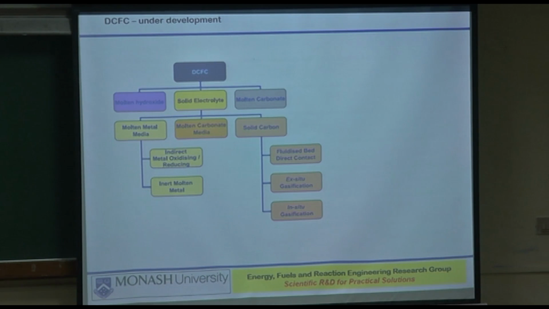So the solid electrolyte can be the solid carbon, it can be the molten carbonate, it can be the molten metal. And then under each of those, let's first go to solid carbon, the direct contact can be created by fluidized bed.